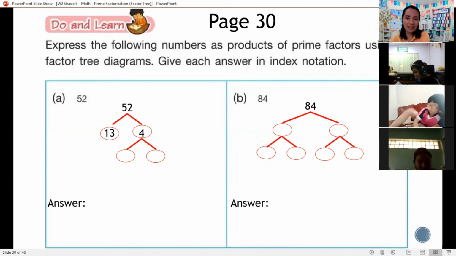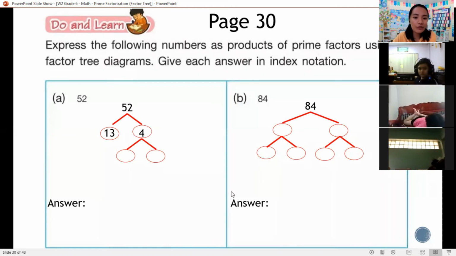Very good. 13 times 4. Now, which is the composite number, 13 or 4? 4. Very good. Can you give me the factors of 4? Prime numbers only. 2 and 2. Very good.